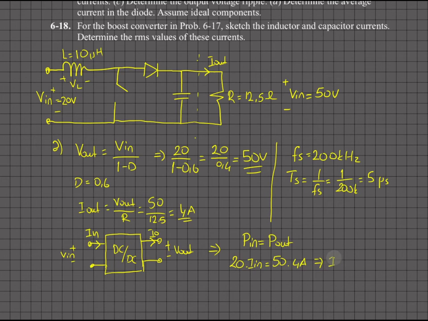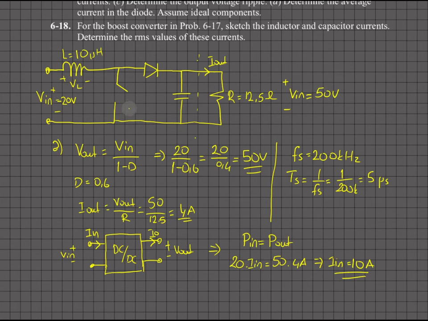So my input current should be 10 amps, right? Actually, that is one important thing about boost converters. Yes, we are increasing the voltage level from 20 volts to 50 volts, but that energy is not coming from nowhere.